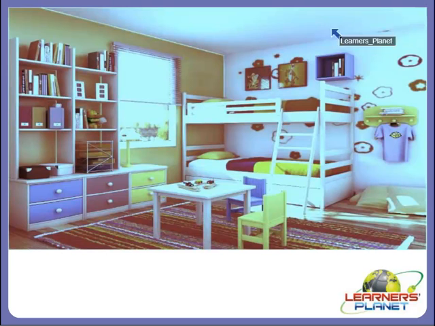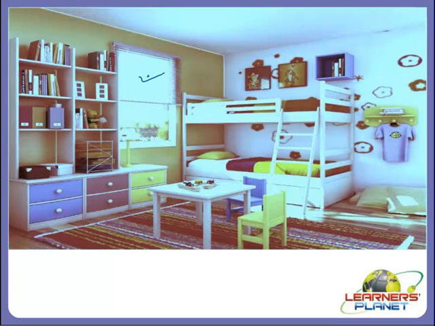Yes students, now what can you see in this picture? Observe the objects which are in the picture. This is the picture of a room, a bedroom, or rather we can say a study room and a bedroom. Here you can see that there are many objects which are made up of one or more than one material.